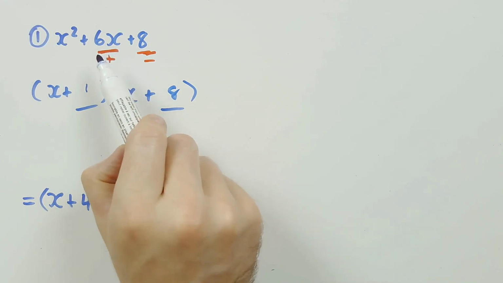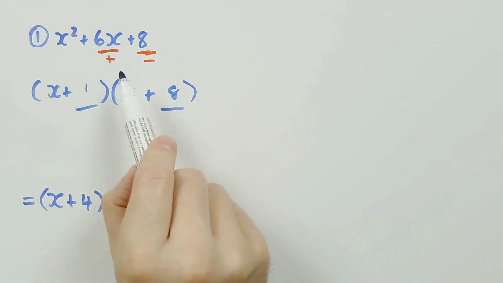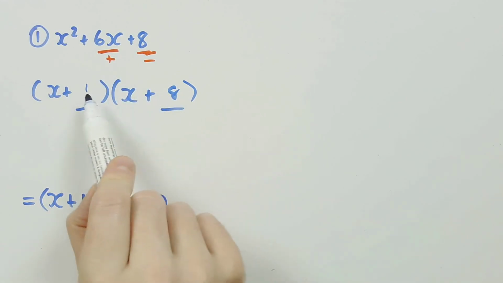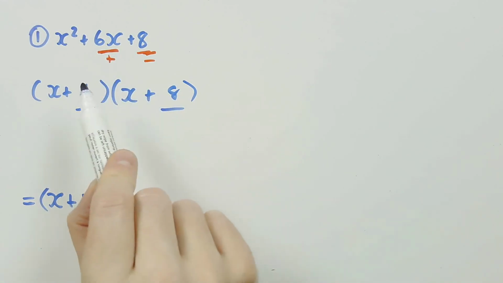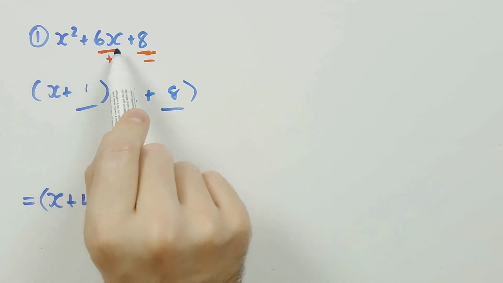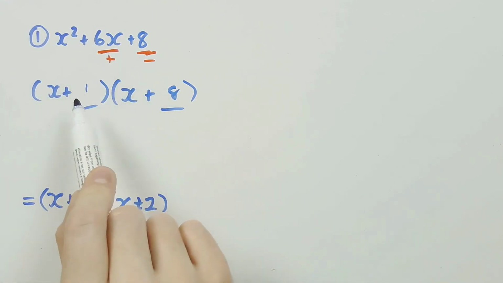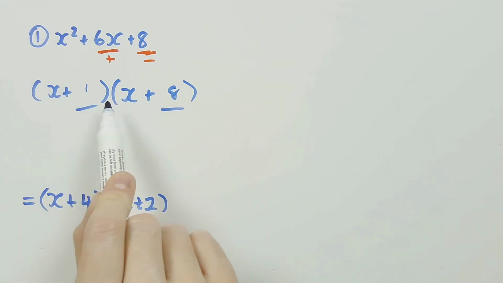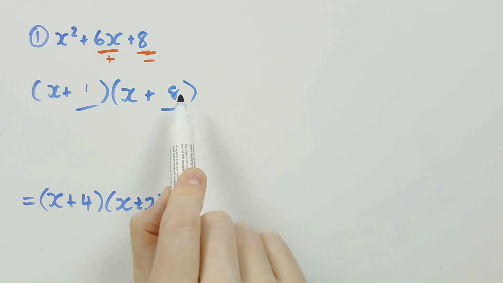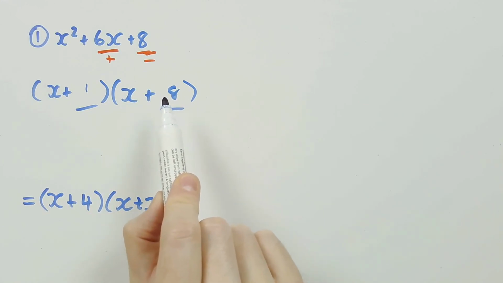But then we can test out our second law or second attribute which must hold true, which is that the two numbers must add together, multiplied by the x term, to give us the middle term. In this case, if we were to expand this all out, we'd end up with plus x and then plus 8x, and that gives us plus 9x total.